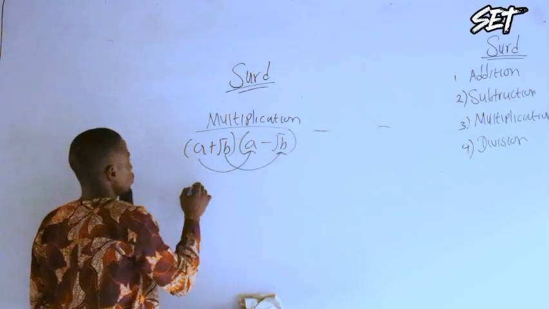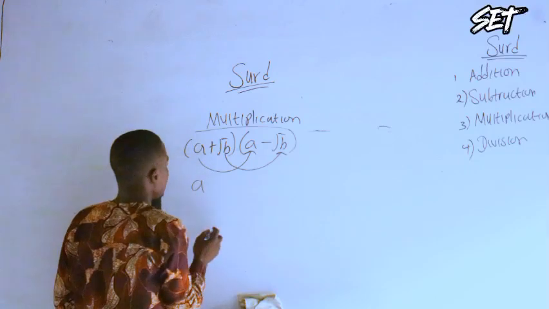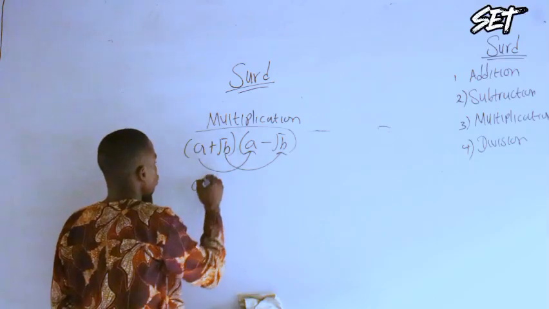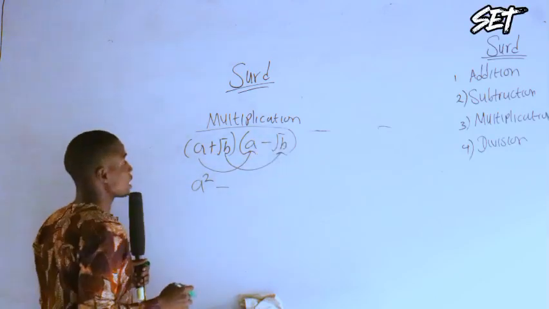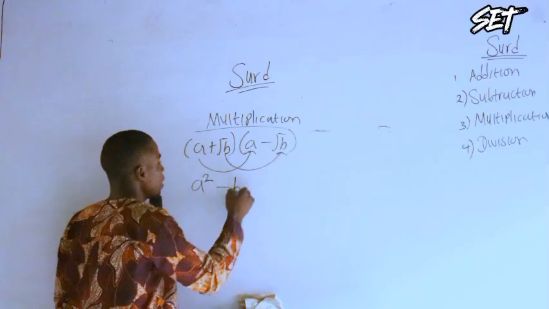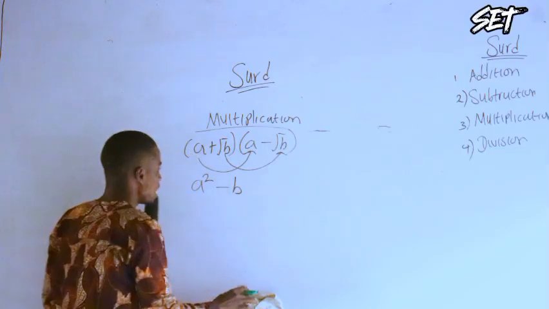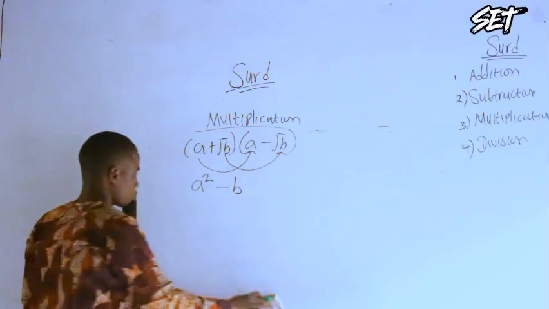It will now be what? A times A is A squared. This one and this will give us root B. Now, I want you to note this one.